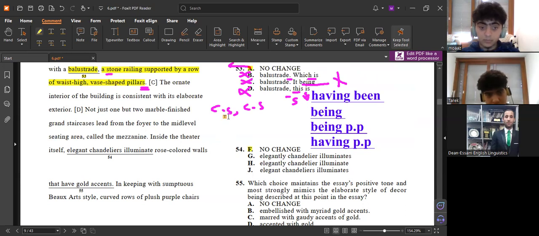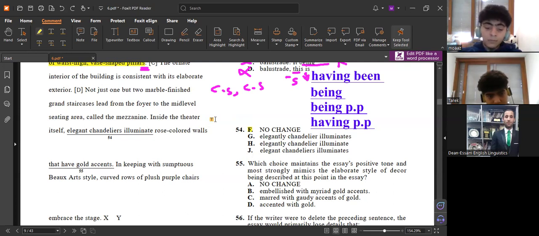Remember, I always read it from the beginning to the end. It's something so easy, but we need to just revise it. Now here, inside the header itself, a preposition phrase, delete. So I don't care about this part. Now again, elegant, Chandler's, eliminate.